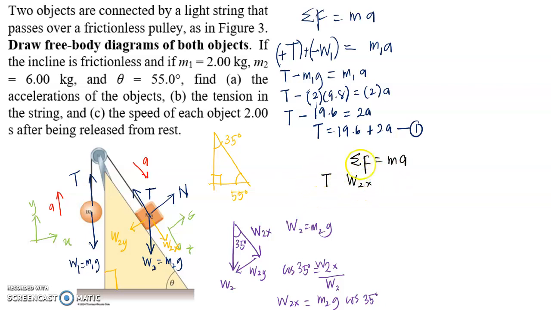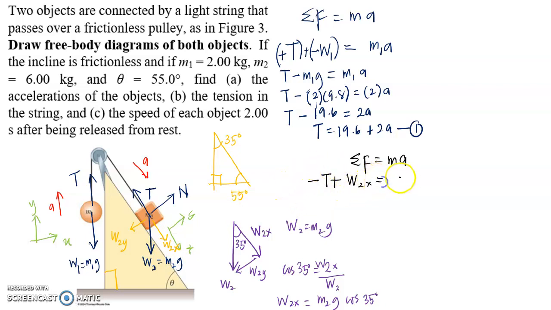Remember, we are adding them together. T plus W2x, which is the x component of W2. And remember, we also have to give a positive or negative sign according to its direction. For the tension, it will be towards the negative x direction, so it will be negative T plus positive W2x, because it is in the same direction as the positive x direction.